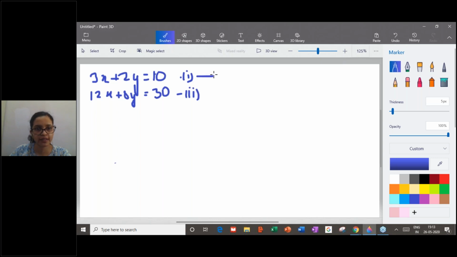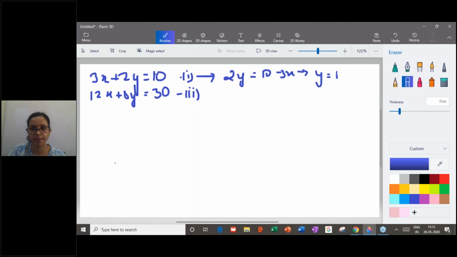So I'm going to write this in terms of, let's say, y. 2y is equal to 10 minus 3x, which can be further written as y is equal to (10 minus 3x) by 2.